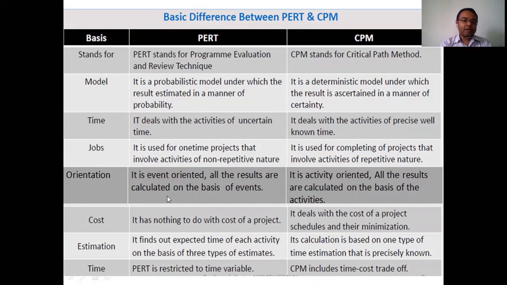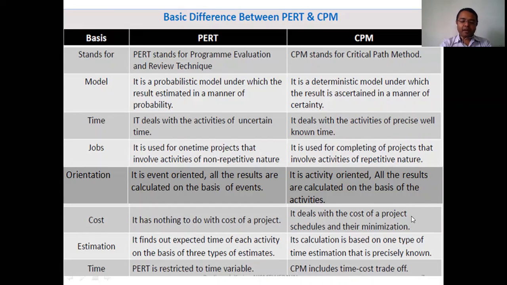So in case of PERT, cost is not a bound, but in case of CPM, the cost matters. The cost of the project is estimated previously, and the project manager will try to complete the total project within the estimated cost. So that comes under CPM.